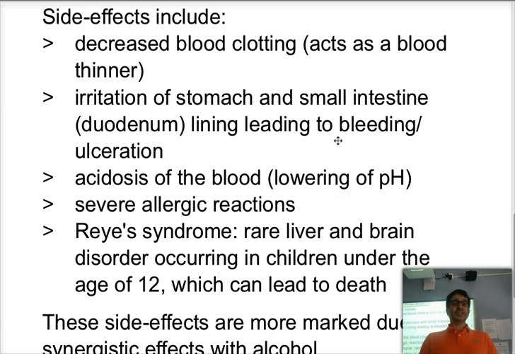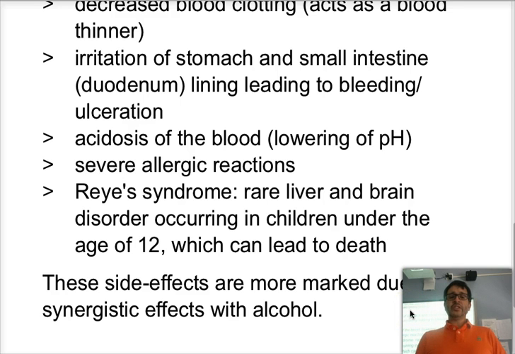If you take it in excess, you could have acidosis of the blood, which is lowering of the blood pH. It can cause, in some people, allergic reactions. Some people are allergic to aspirin. And in children under the age of 12, it can lead to something called Reye's syndrome. Reye's syndrome is a rare liver and brain disorder that can, if it happens, lead to death.